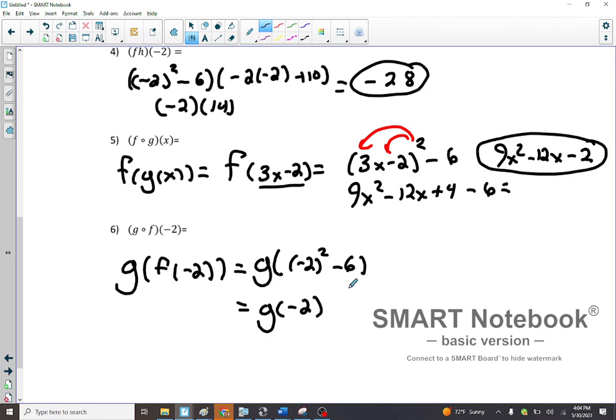Then g of negative 2 is 3 times negative 2 minus 2, negative 6 minus 2, negative 8. As a reminder, if you have an x in your function, you'll have an x in your answer. If you have a number in your function, you should have a number as your final answer. But again, it's multiple choice, so that actually doesn't matter.